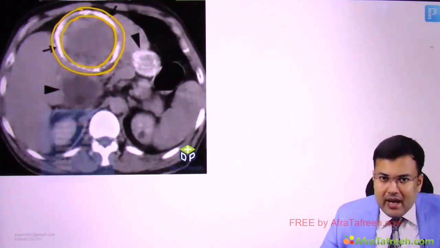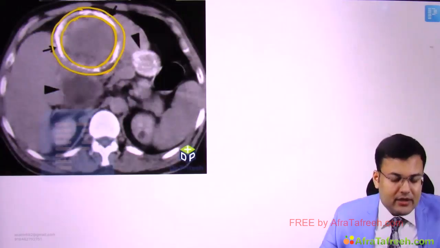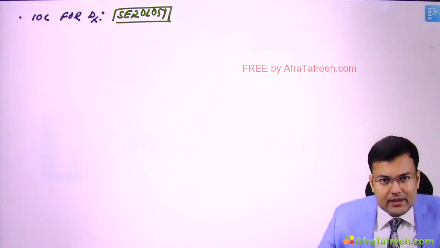But since it's a parasitic condition, we discussed that the investigation of choice for diagnosis is confirmed by serology. So what are the investigations performed in serology having more than 95% sensitivity and specificity?